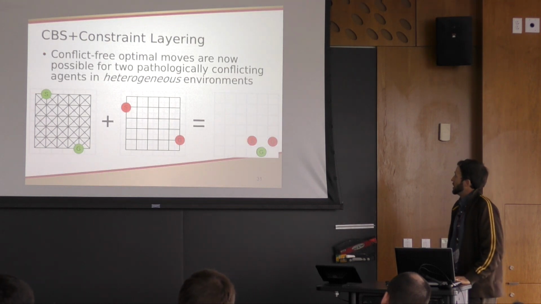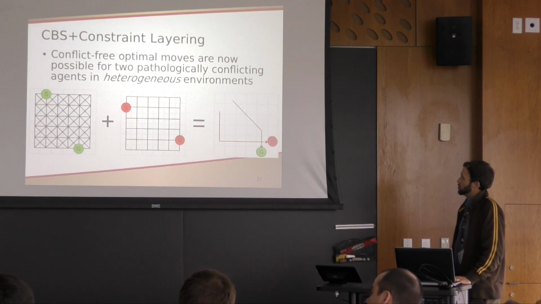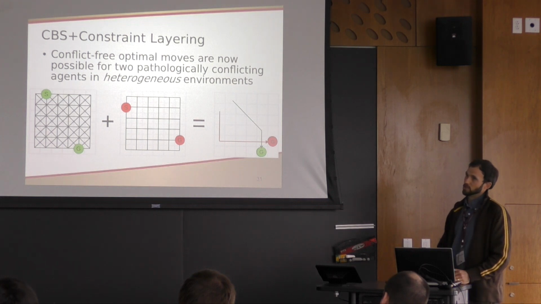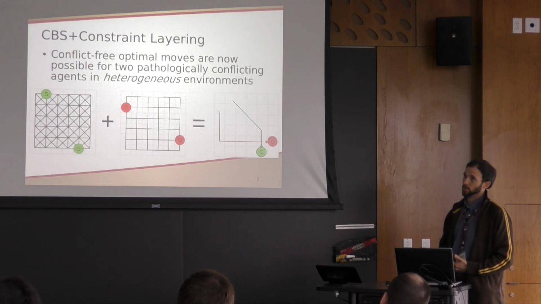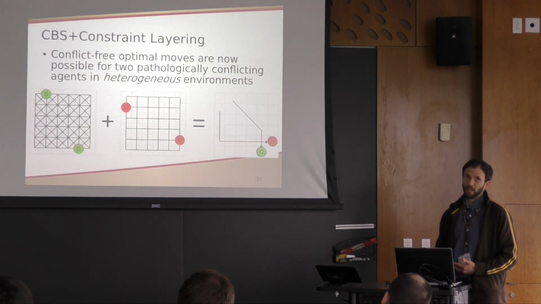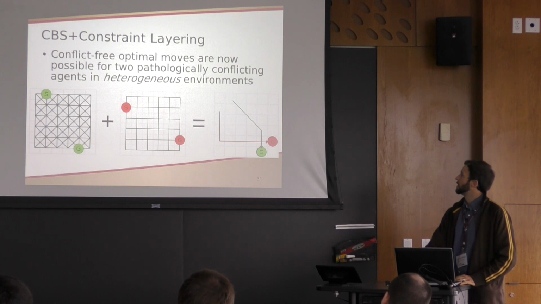So the key idea behind constraint layering to avoid conflicts is this, that when we have two agents planning on heterogeneous environments, if we formulate those environments in a good way, they can both move optimally with respect to their own environment and avoid collisions.